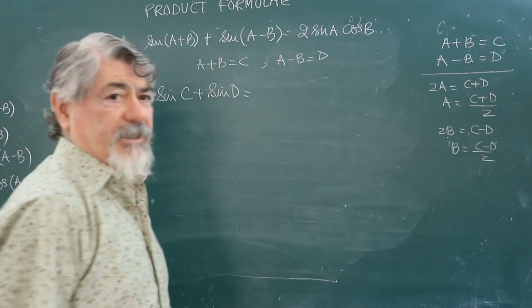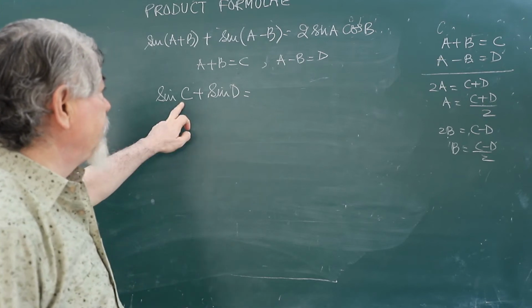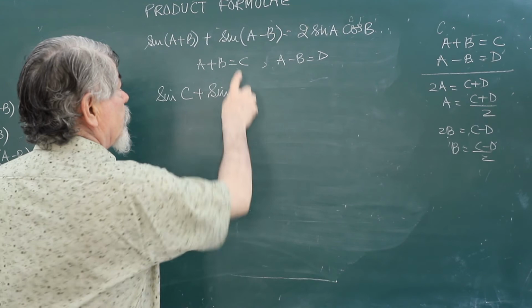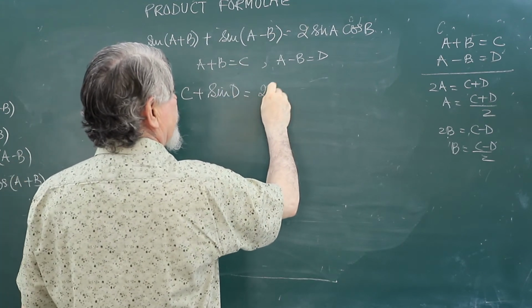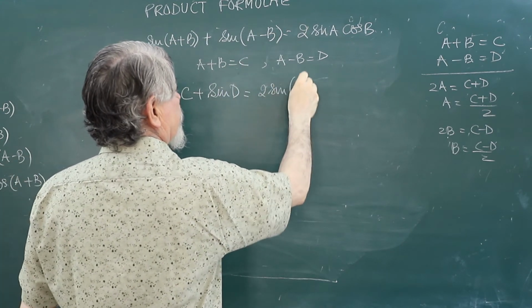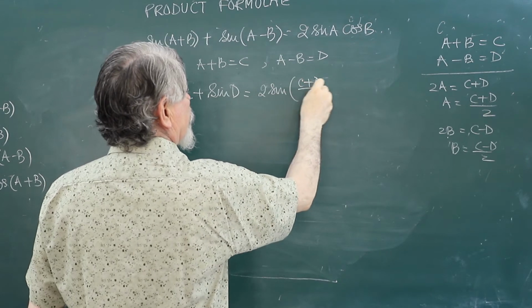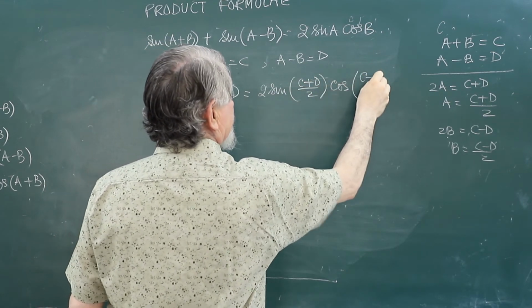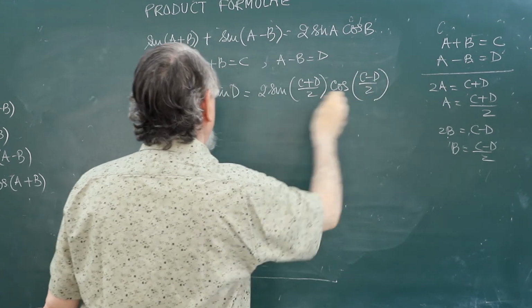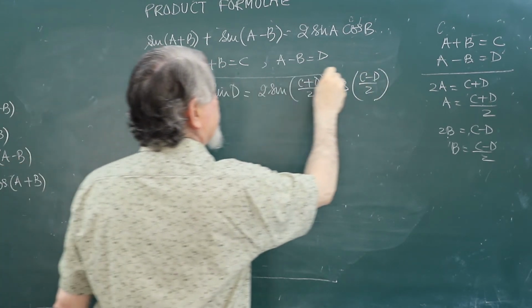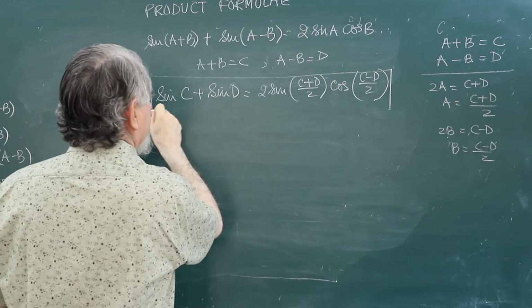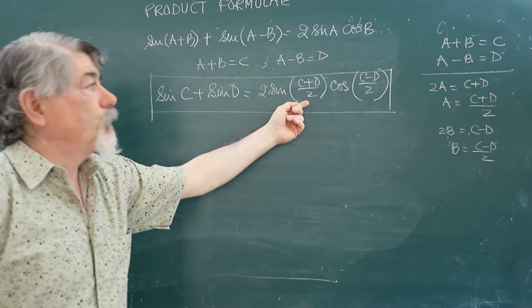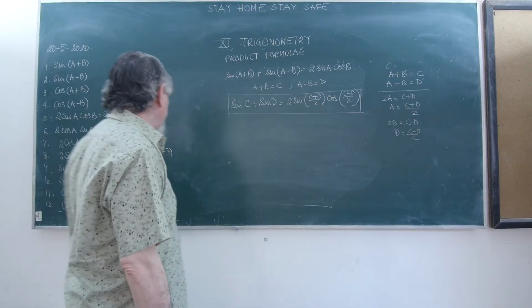So I have to express A and B in terms of C and D, because here it is sin C plus sin D. So it will become 2 sin C plus D upon 2 and cos C minus D upon 2. This is another formula. Sin C plus sin D becomes 2 sin C plus D upon 2 cos C minus D upon 2.